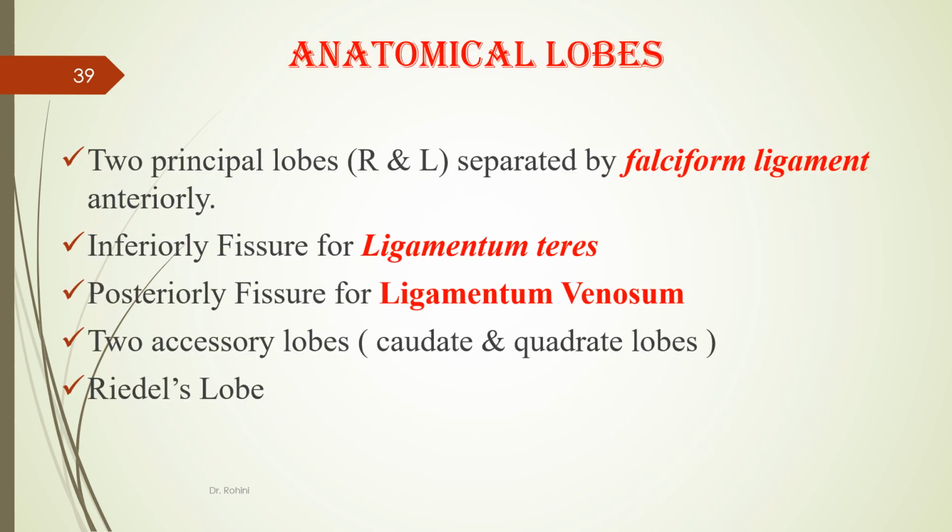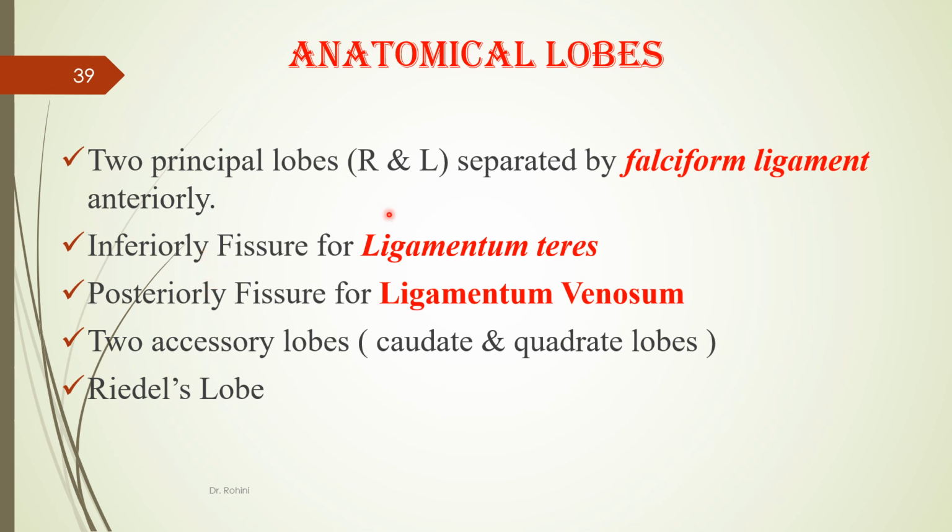So anatomical lobes. Anatomically we divide the liver into two lobes, one big, that is right, one small. The lobes are separated by falciform ligament in front or anteriorly and above, by attachment of falciform ligament. I'll show you.